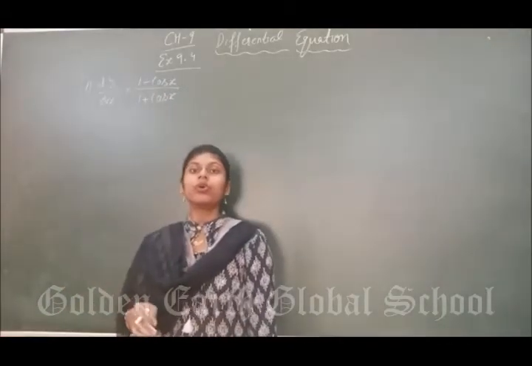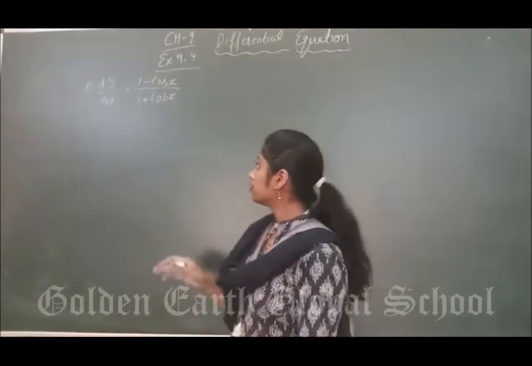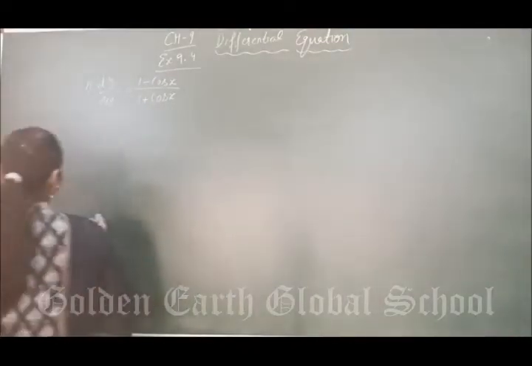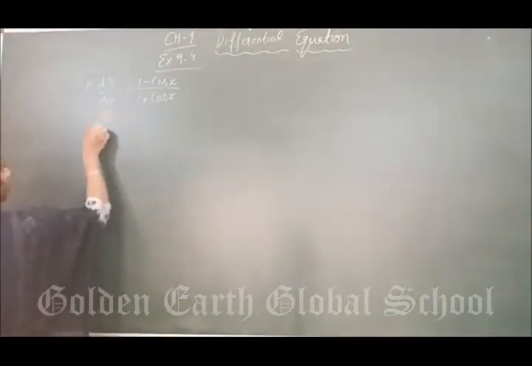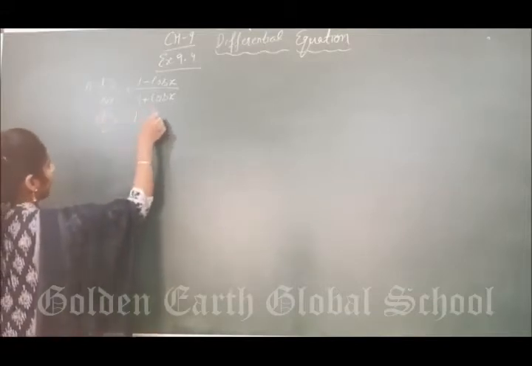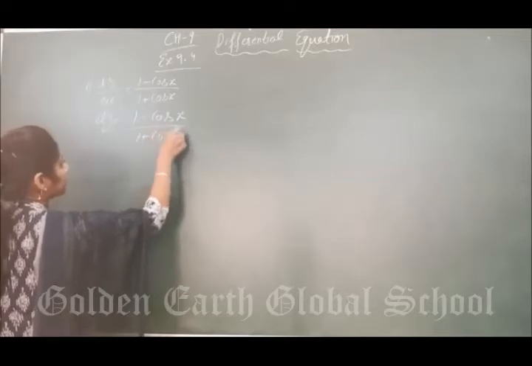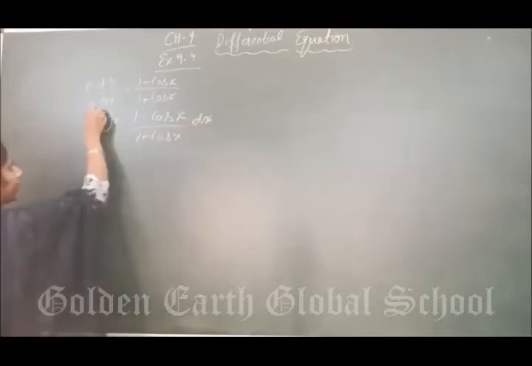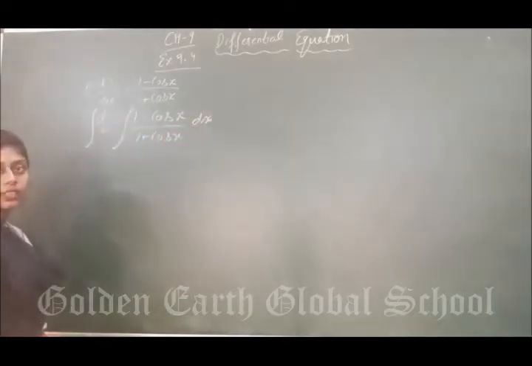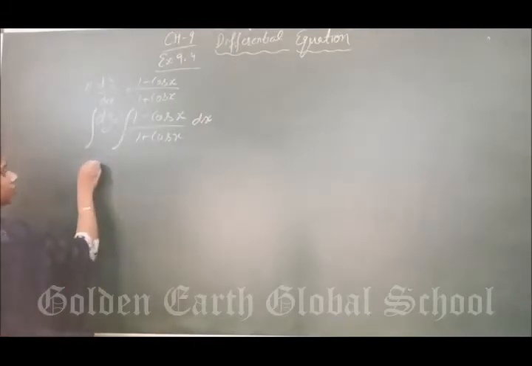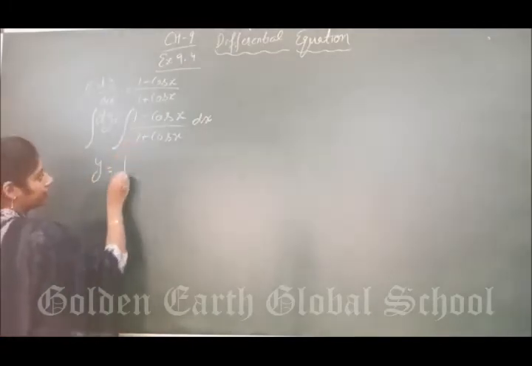Now we have to integrate it. First of all, separate the variables: y variable on the left hand side and x variable on the right hand side. Now integrate both sides. Integration of dy is only y. We have to integrate this.